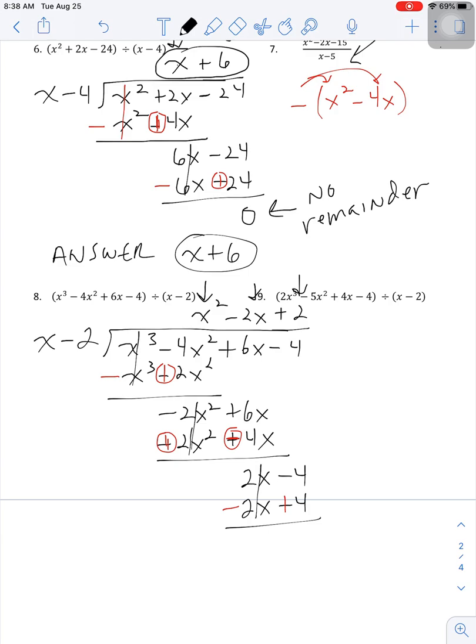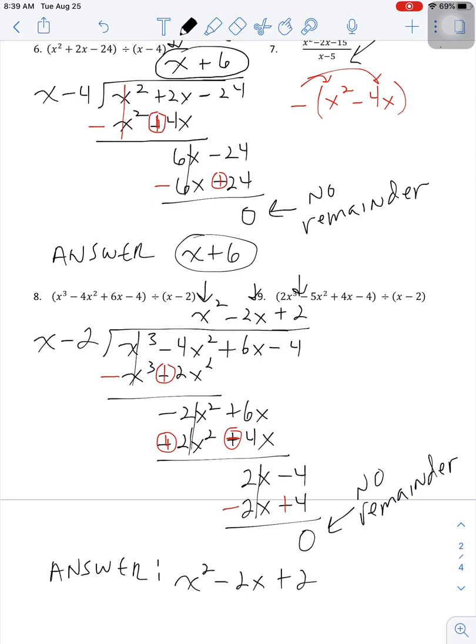A negative 4 plus a positive 4 is 0. So you should end up with no remainder. And our answer is going to be what we have at the top of the problem: x squared minus 2x plus 2.